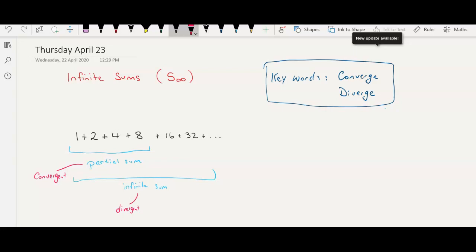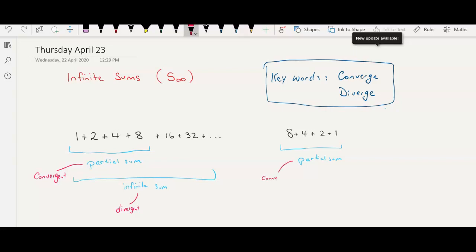Okay, so that's one sort of sequence. I want to have a look at another kind of sequence here, again geometric, and we are going to concentrate on geometric sequences because infinite sums of arithmetic sequences are not quite as interesting. They're all divergent. What we're going to have a look at here is another geometric sum. This time, rather than doubling, we're halving. And again, we get to this point here, and that is a partial sum. Of course, any partial sum will converge.